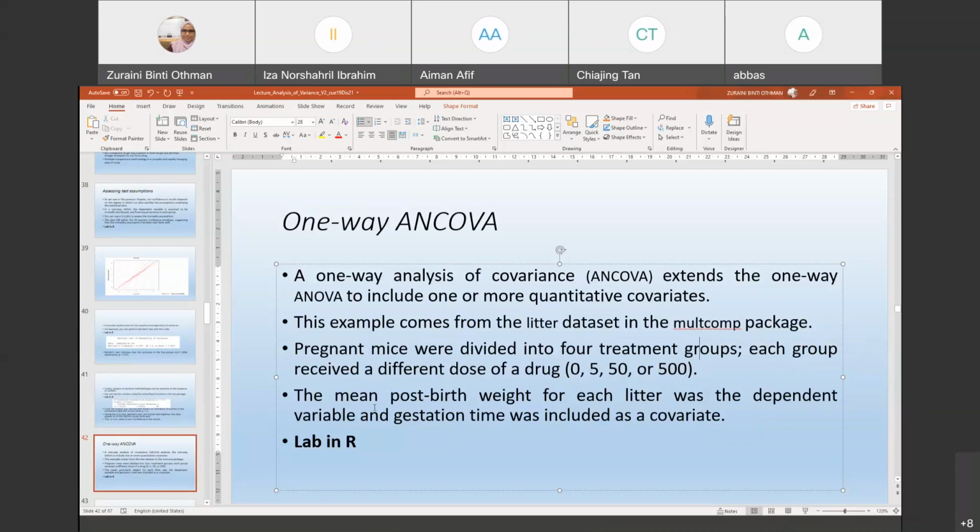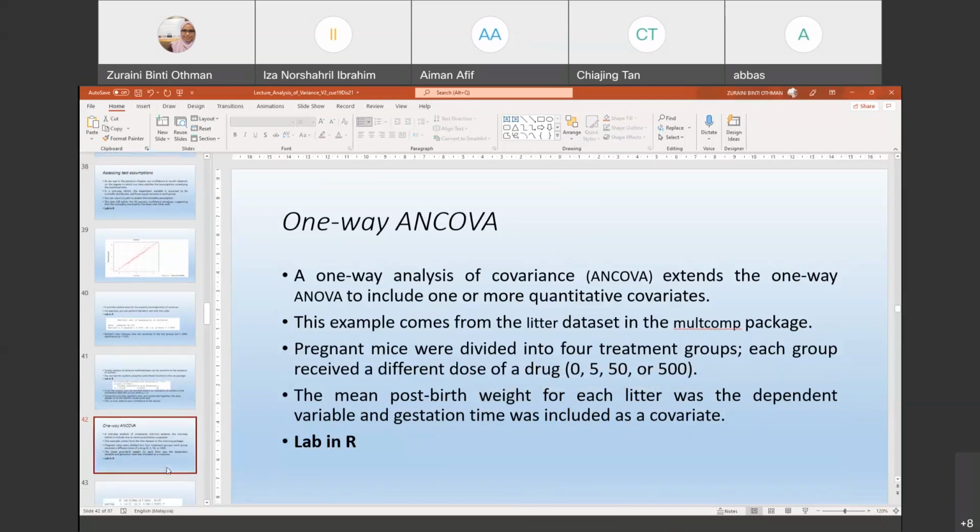The mean post-birth weight for each litter was the dependent variable. So this is our dependent variable, and gestation time was included as a covariate.